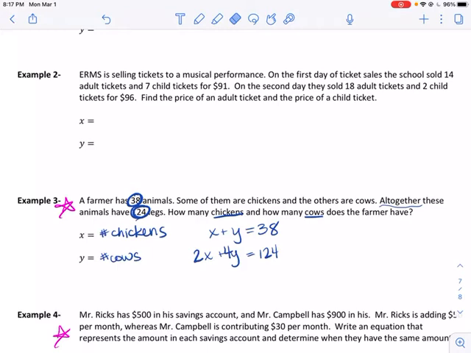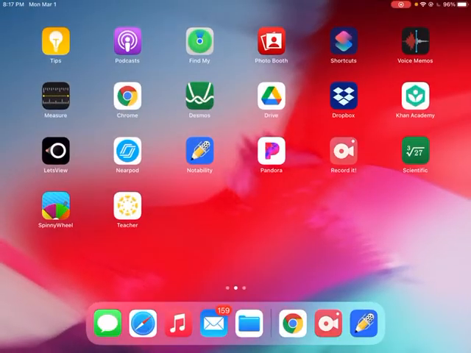We've learned how to solve by graphing by hand and by graphing with a graphing calculator. I'm just going to put these in my Desmos graphing calculator and see what I get. So let's go to Desmos.